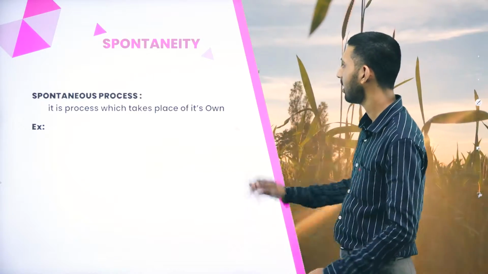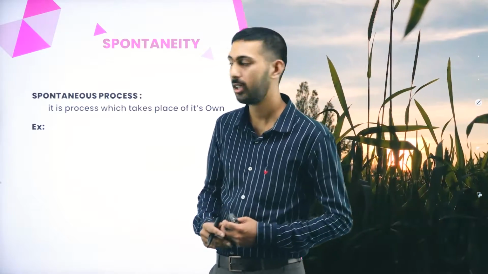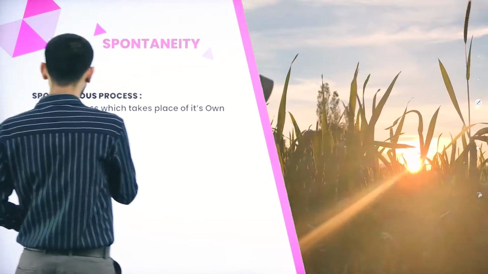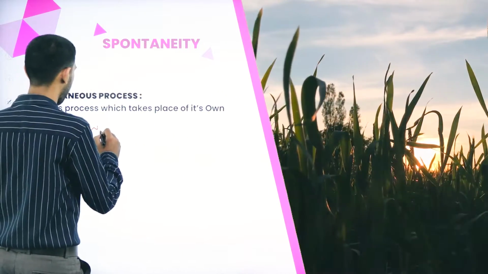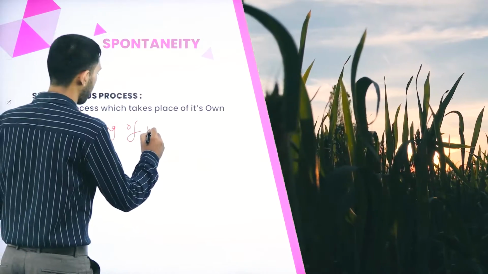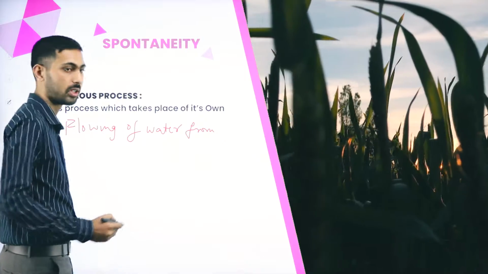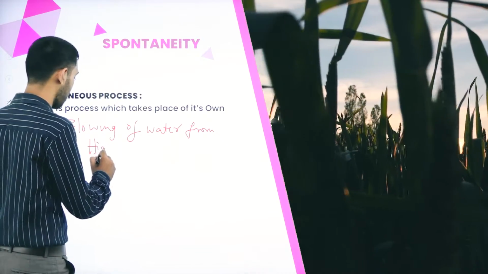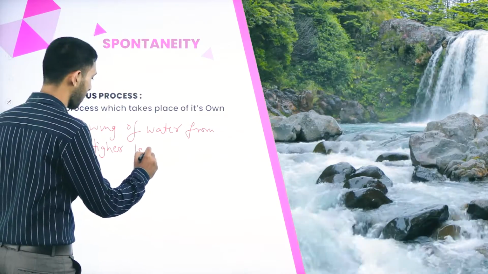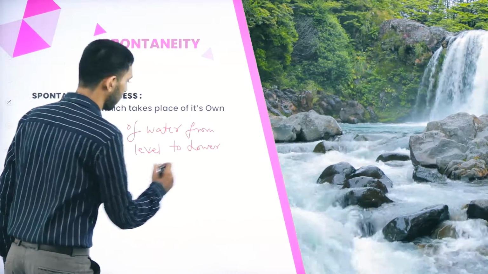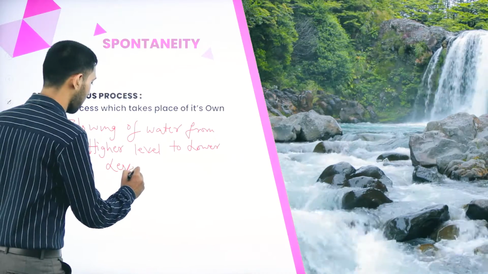Okay, next thing is spontaneity. What do you mean by spontaneity? Spontaneity means it's a process which takes place of its own without any external help or external aid. For example, flowing of water from higher level to lower level.